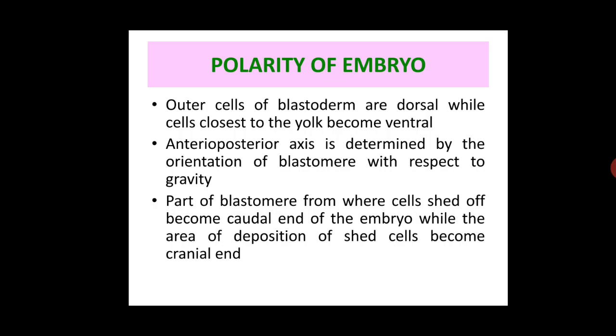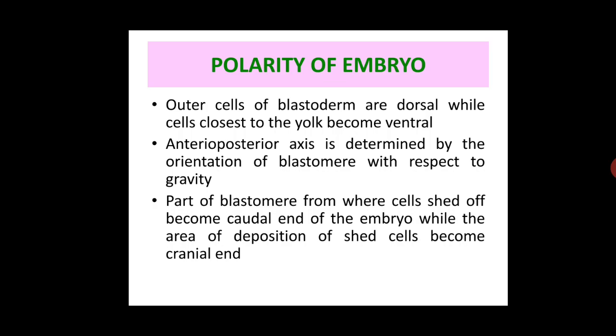Outer cells of blastoderm are dorsal, while cells closest to the yolk become ventral. Anterior-posterior axis is determined by the orientation of blastomere with respect to gravity.